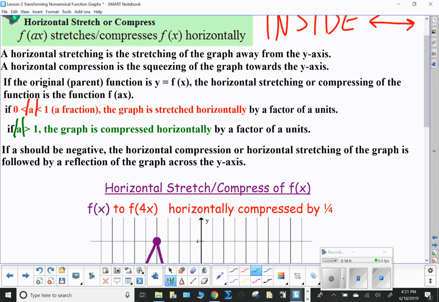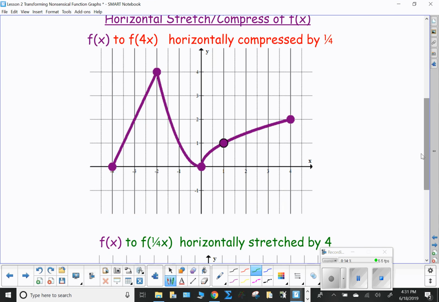When the absolute value of A is small, it stretches. Think about stuff on the inside like exercise. The more you exercise to lose weight and get skinny, so more exercise, you get skinnier. If you get lazy and sit around and don't do any exercise, you get wider.